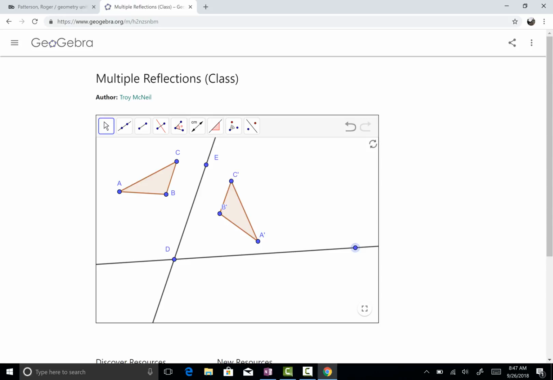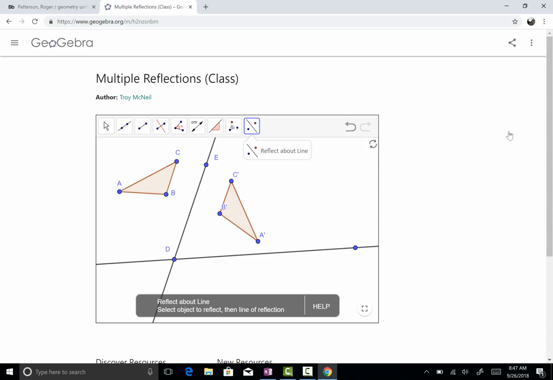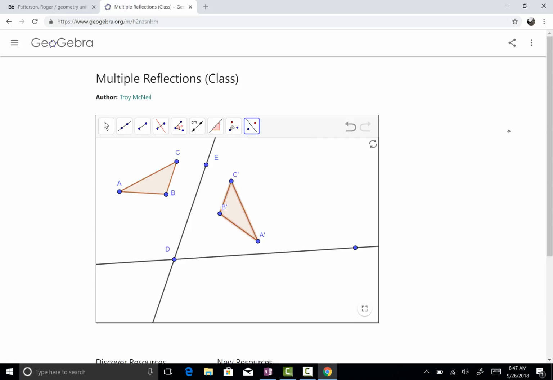And what we're going to do is reflect the image. Remember, that's the one with the A and the B and the C with the apostrophe, which we call prime. A prime, B prime, C prime. And we're going to reflect that triangle. So we're going to choose the reflection tool, choose the middle of the triangle, and then choose our new line. And we've got that.